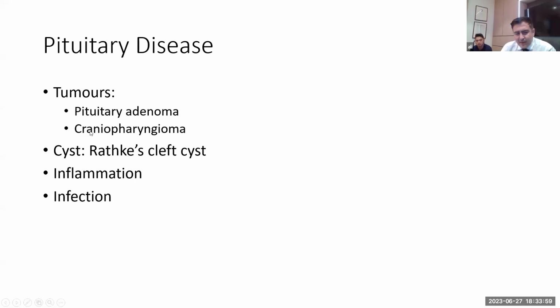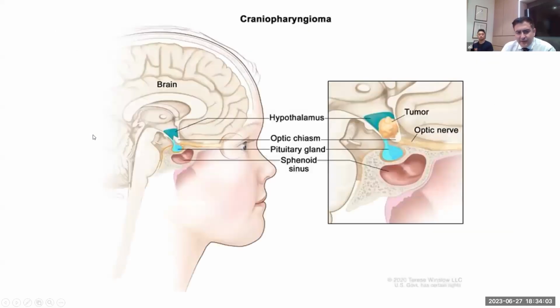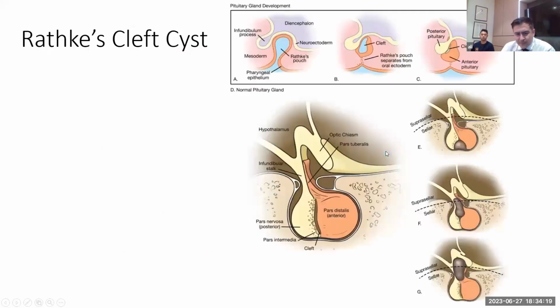And then there is another type of tumor called craniopharyngioma. The craniopharyngioma is a lesion that arises somewhere between the third ventricle and hypothalamus, and can grow towards the pituitary gland. It's really a brain tumor that occurs in the region of the pituitary. It's a pediatric tumor, but can also occur in adults.